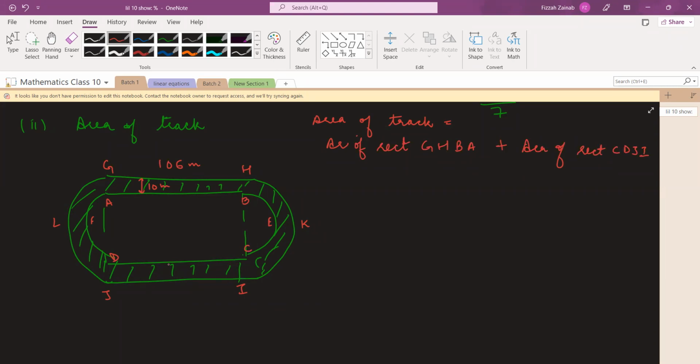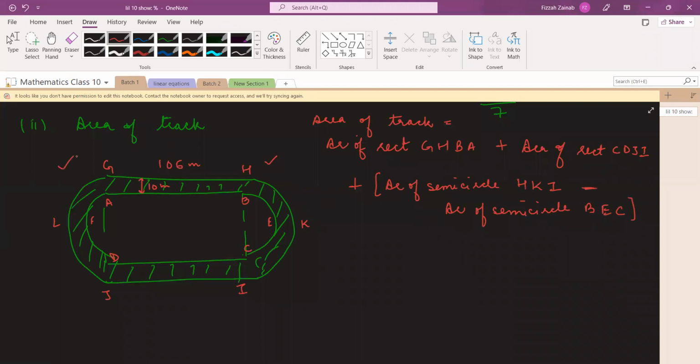Yes, ma'am. Okay. Now plus, now this right hand side, how will I write it? So I can write it that area of semicircle, if I call it HKI, right? And then minus area of semicircle, the inner one, BEC.